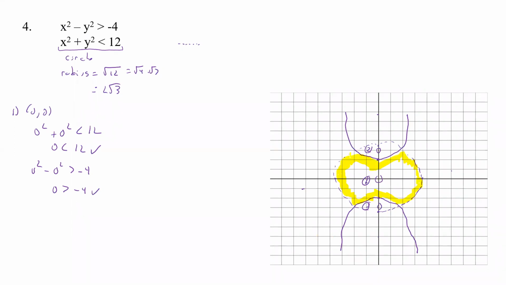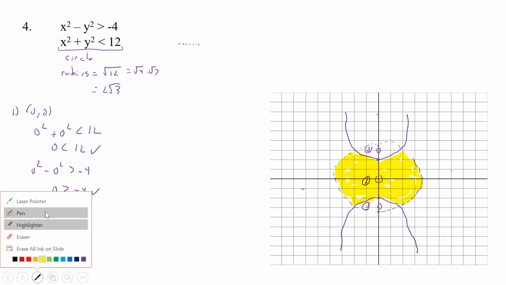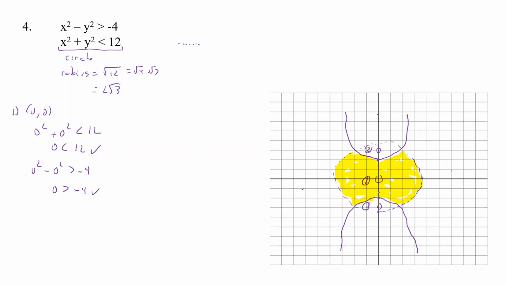And usually if one region is true, no other region is going to be that way. So that's going to be our first region. Now let's test those other 2, okay? So that's going to be 0, 3, and the other one's 0, -3. If we plug in 0 for x and this 3, 0 plus 9 is less than 12.